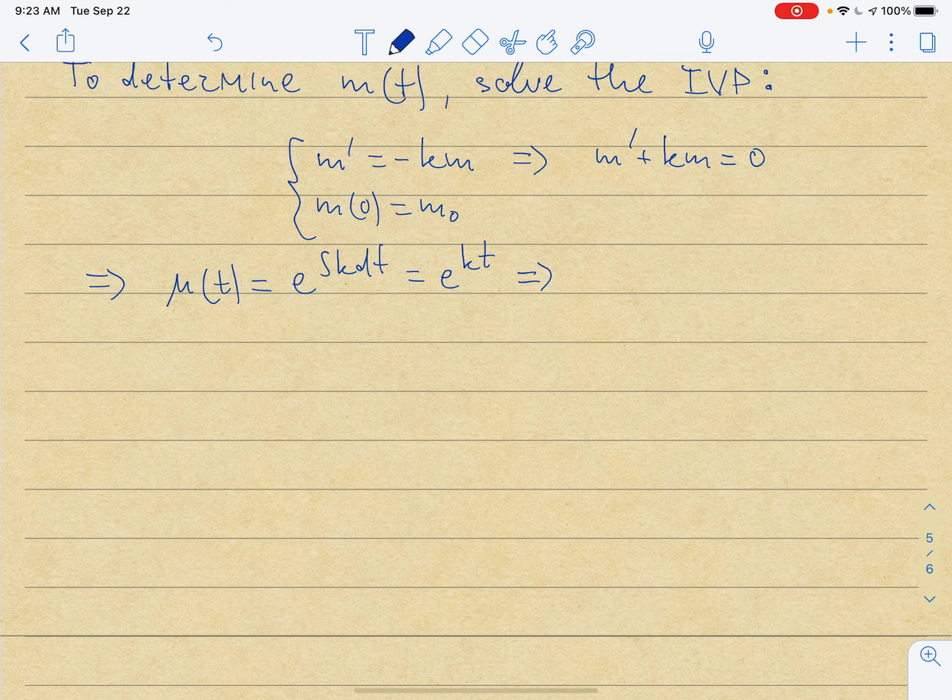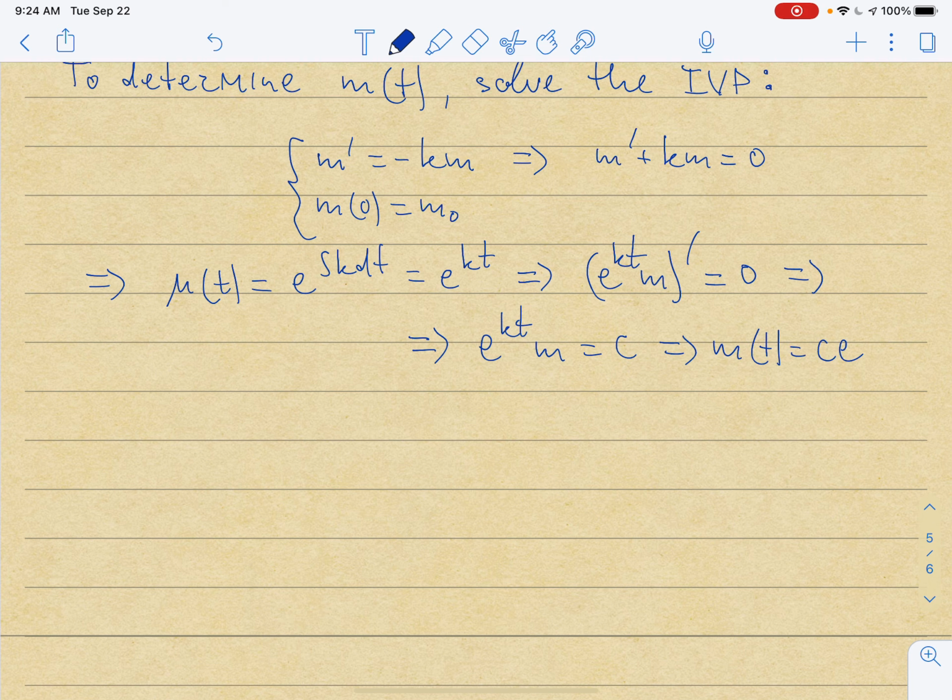So if I'm multiplying the equation by the integrating factor, the left-hand side becomes e to the k t m quantity prime, and the right-hand side is 0. And so integrating both sides, we have e to the k t m equal to a constant. And so m of t is c e to the minus kt.